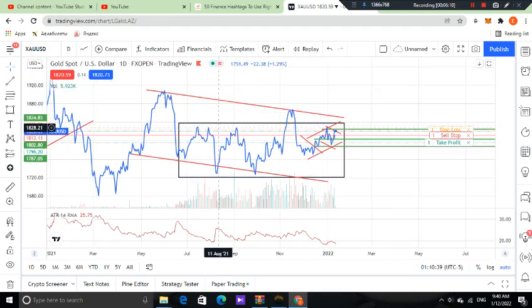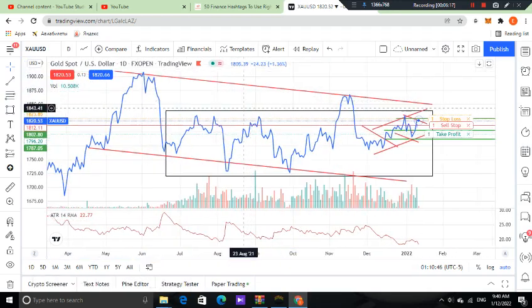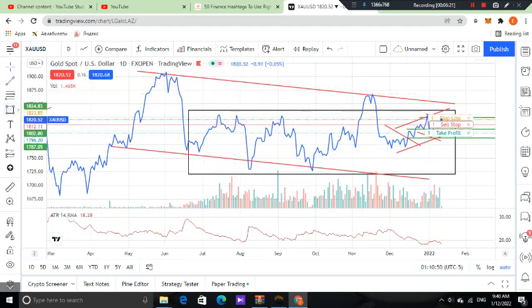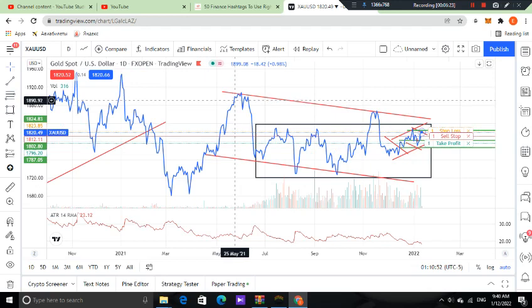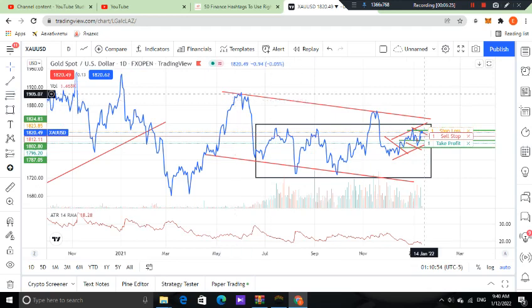Okay, we need at least 2 tops and 2 lows in the same line or area, and it means that we have the price within some boundaries, and price doesn't go any further and usually doesn't cross.